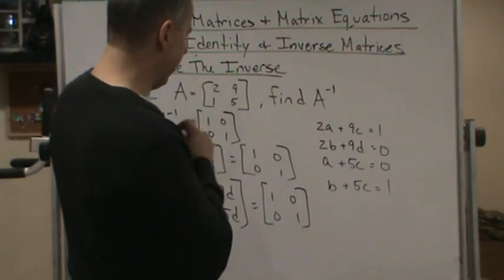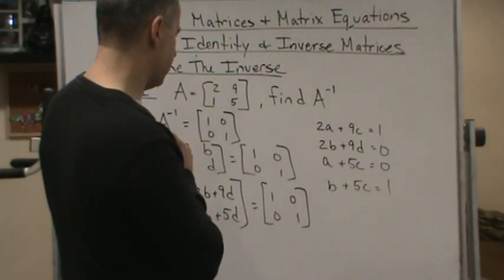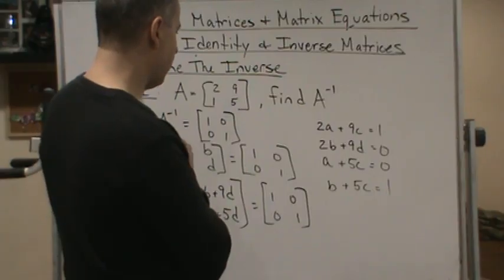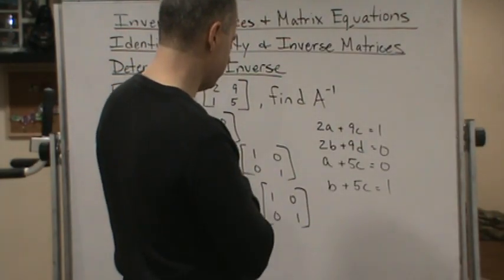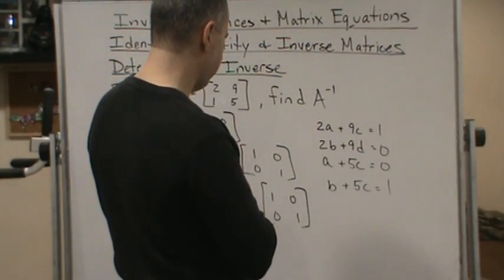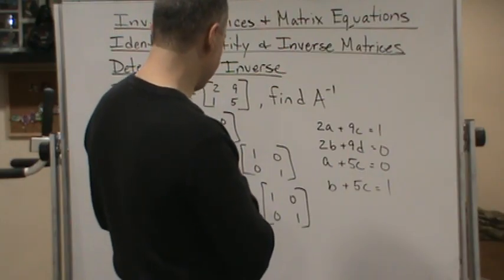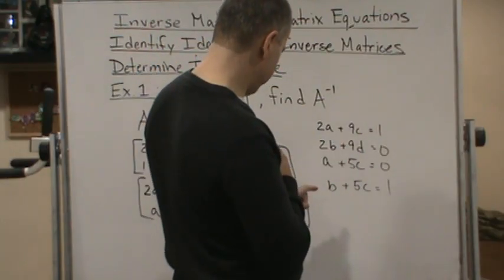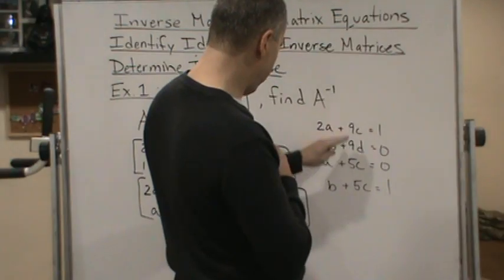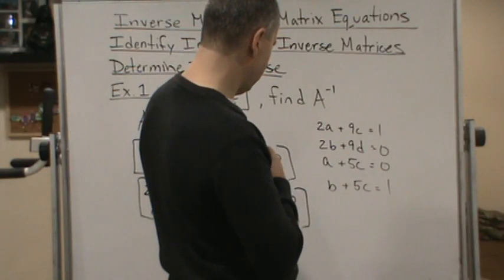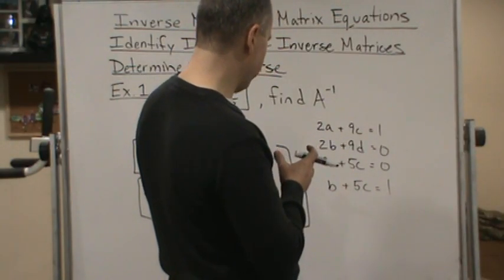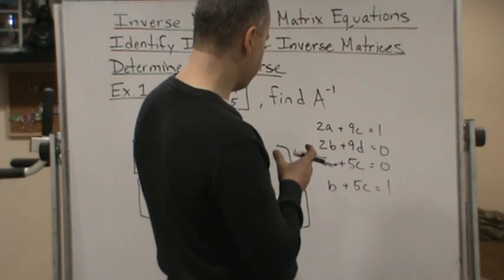So before we do that, let me look at this. So we've got 4 equations with 4 unknowns. And so what happens if we solve this? How would we normally do this if we were setting up the matrix?